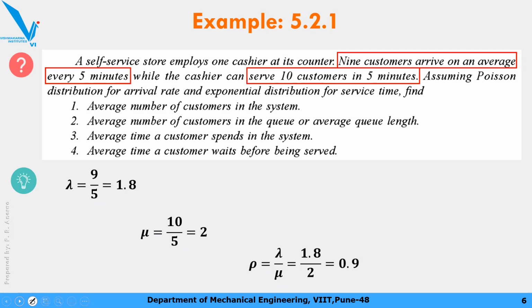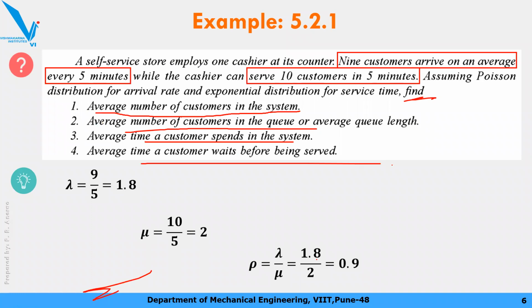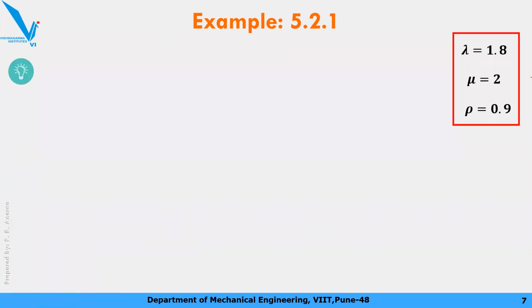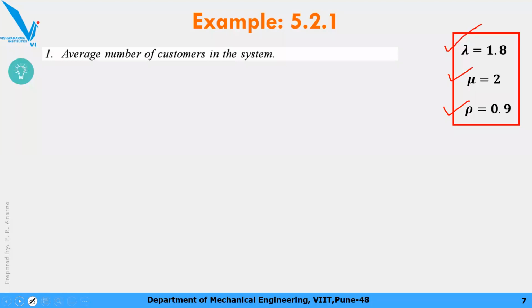Now we will answer the questions asked. Our aim here is to find first the average number of customers in the system, the average number of customers in the queue, time in the system, and time in the queue. So one by one we will solve it. Up till now we have calculated lambda, mu, and rho. Now the first question is the average number of customers in the system.